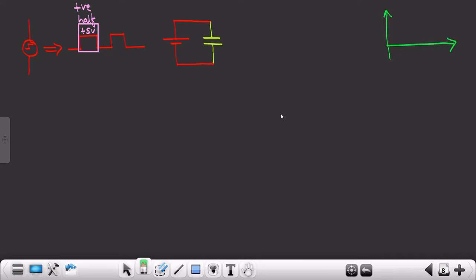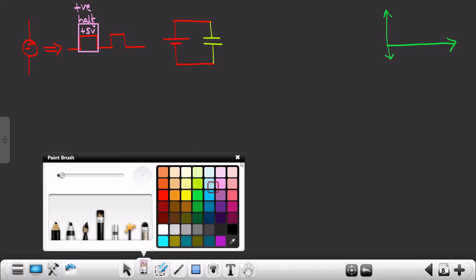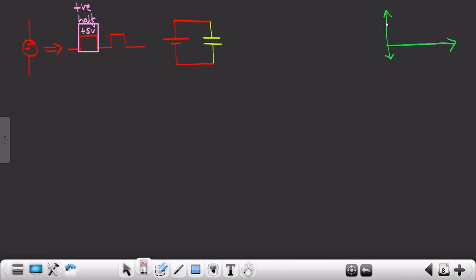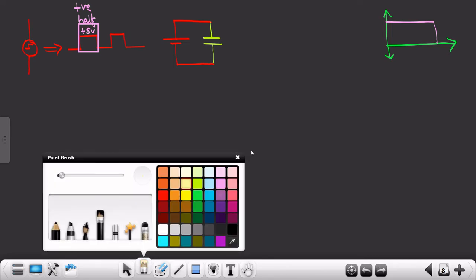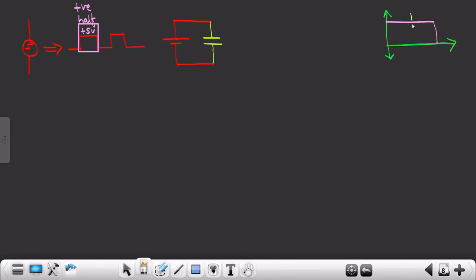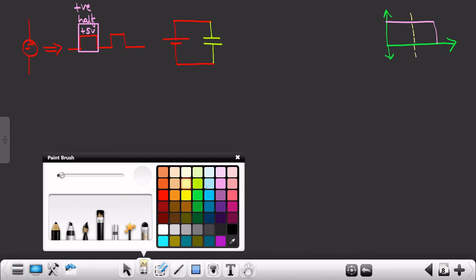Now it is moving from plus 5 to 0 volts, so it can be represented in this way, plus 5 to 0. And now I am dividing this particular waveform from the middle, so it would be something like this. Great.